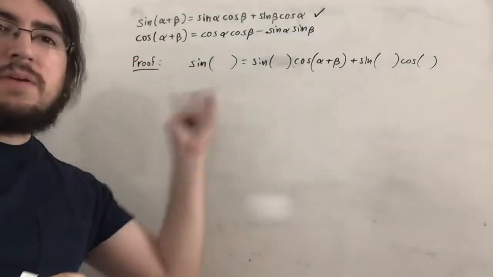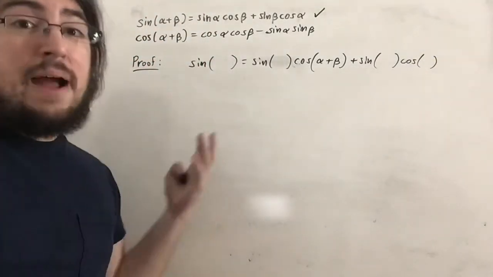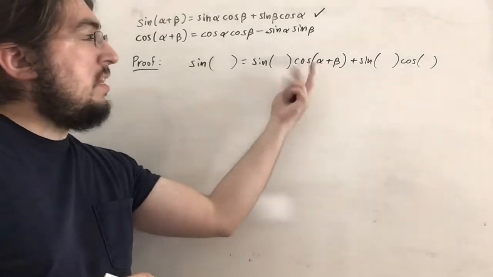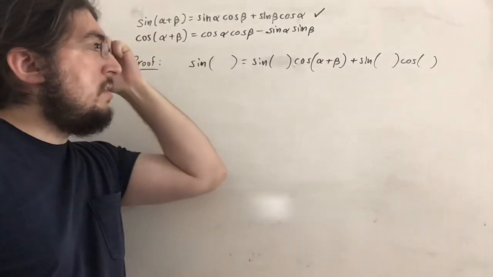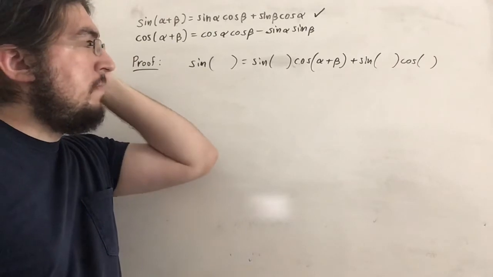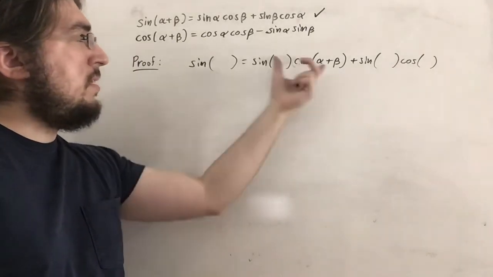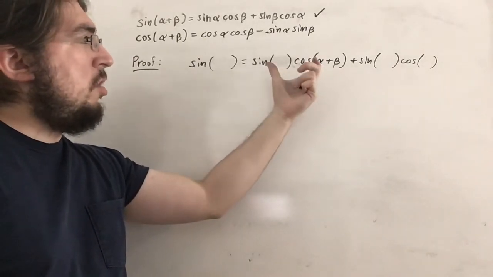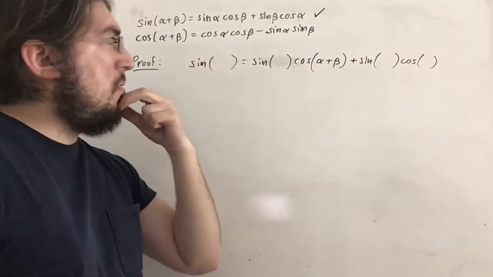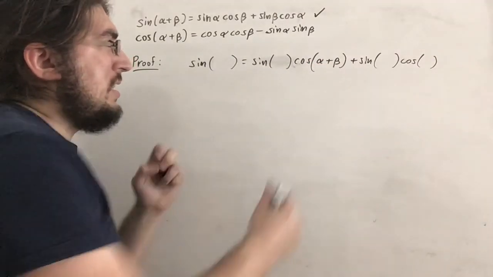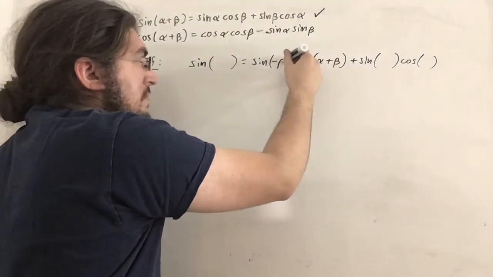Okay, so now we can fill in the blanks, and you'll take my word for it after the fact, believe me. So I want these two to combine to give me the other one. So it can either be alpha or beta, it doesn't really matter. Let's just make it negative beta.